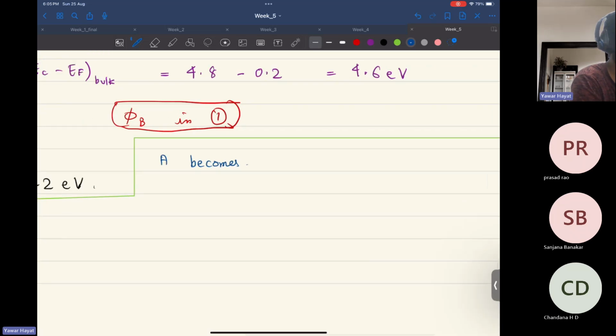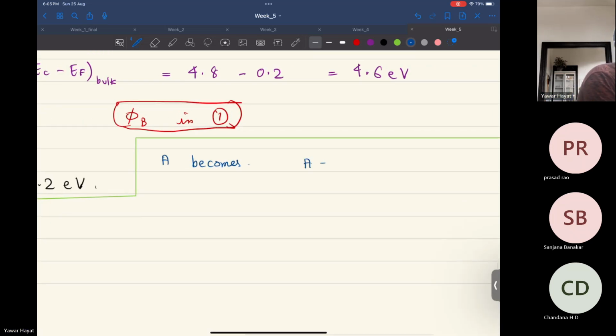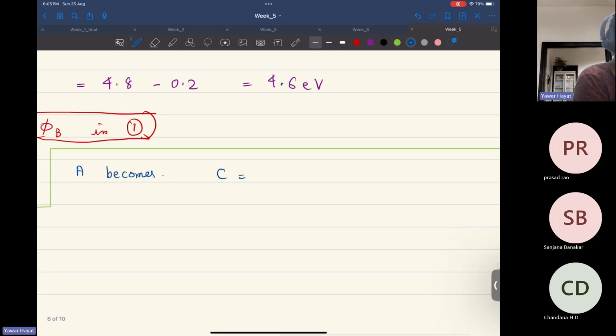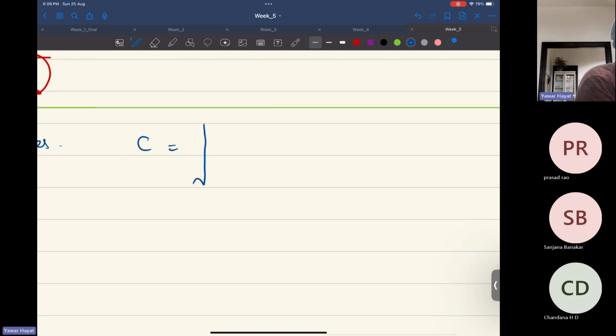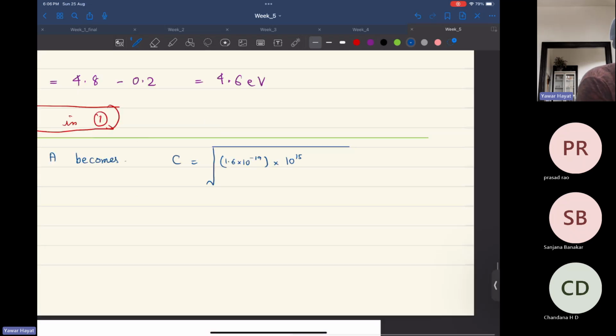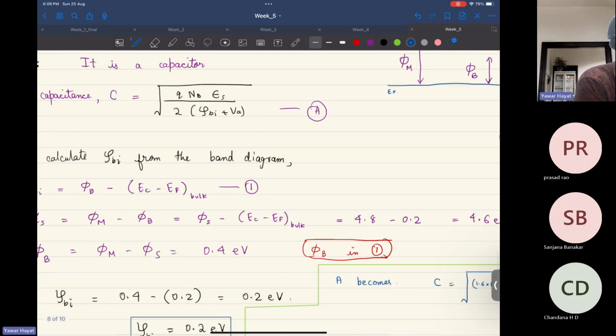A becomes following, right? Your C is equal to square root of, now I'll be putting in the values, right? So this is 1.6 into 10 to the power minus 19. What else? I'll have this 10 to the power 15, right? Corresponding to this ND.